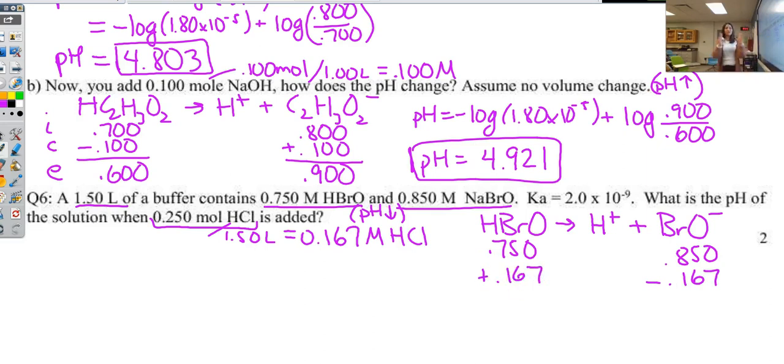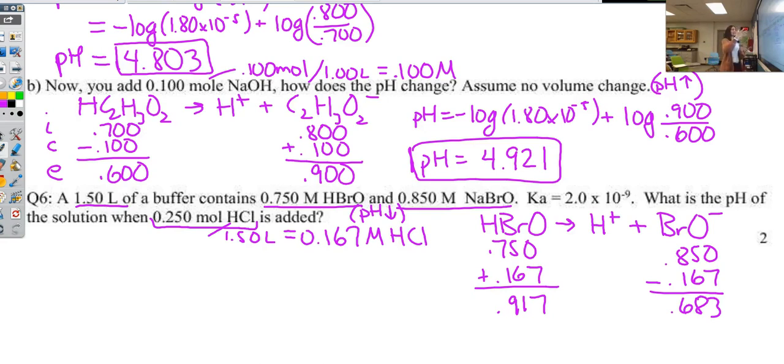So now let's do our kind of like equilibrium step. Okay, so I've got 0.75 plus the 0.167. And that's giving me 0.917 on this side. And then the 0.85 minus the 0.167 is giving me 0.683.